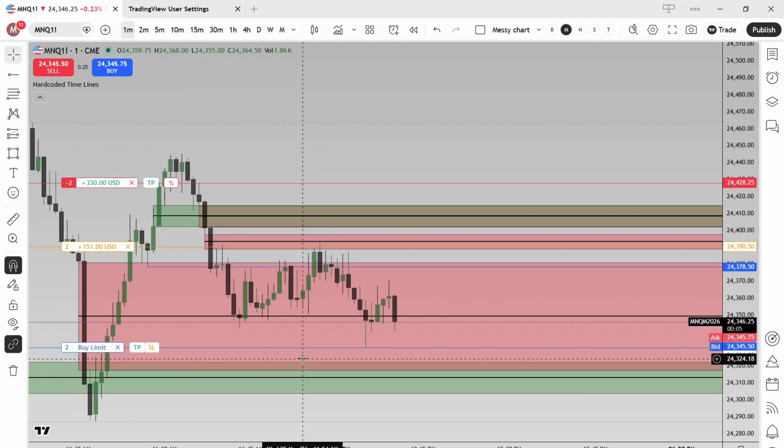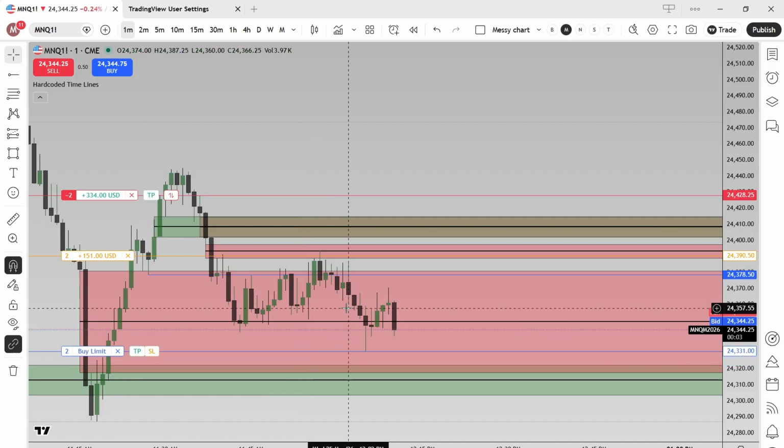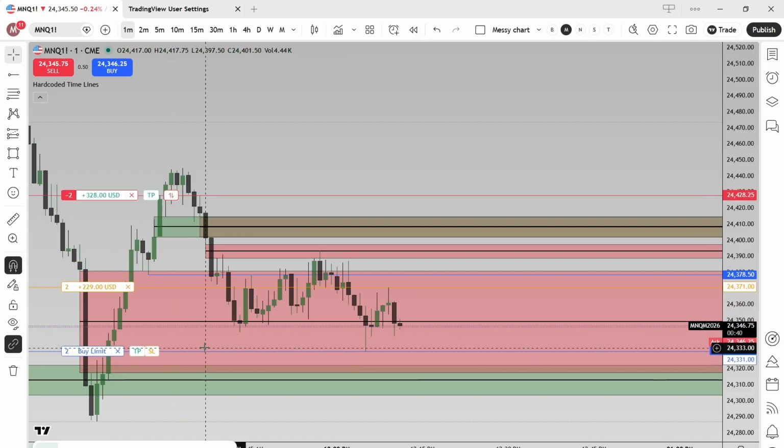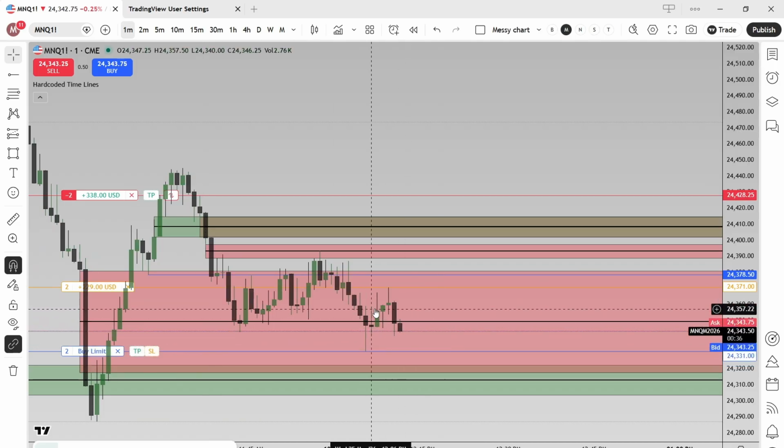Looks to be pretty good. Now I'll really suffocate this trade, because I don't want to see it go above this midpoint again.